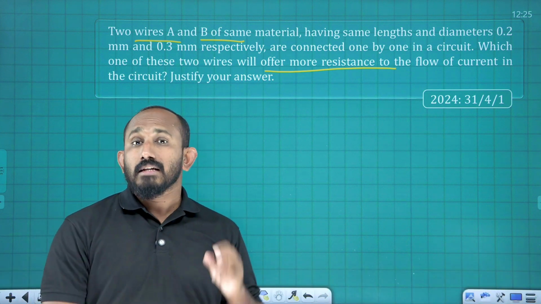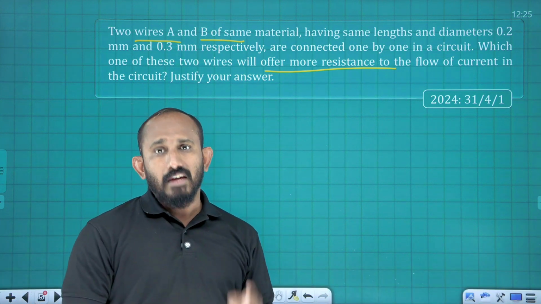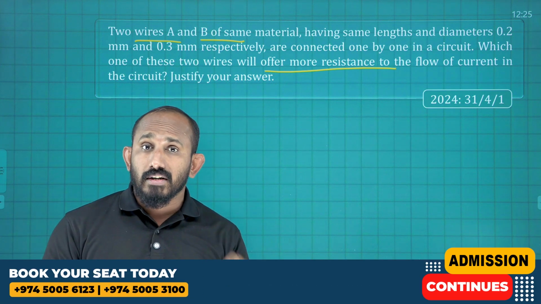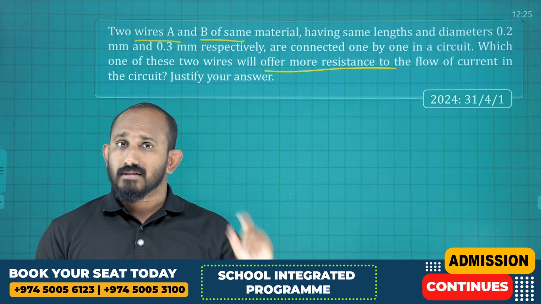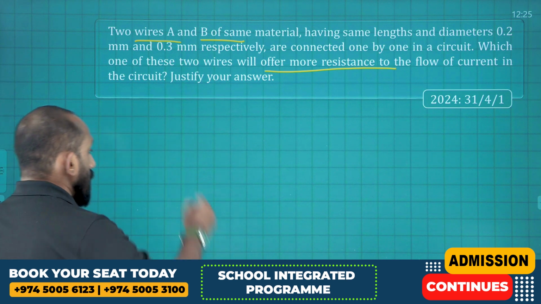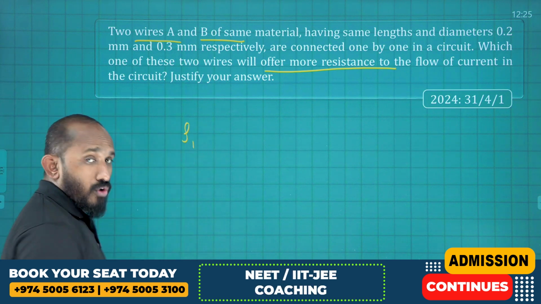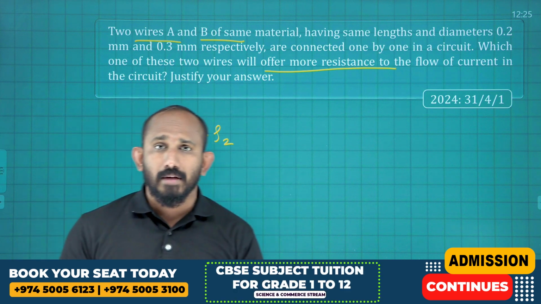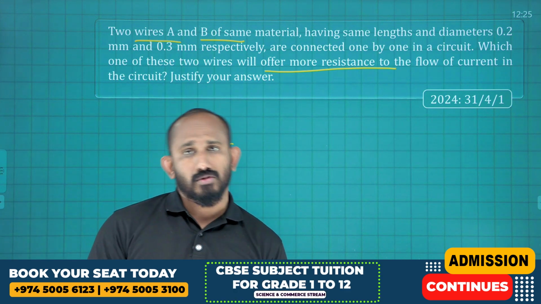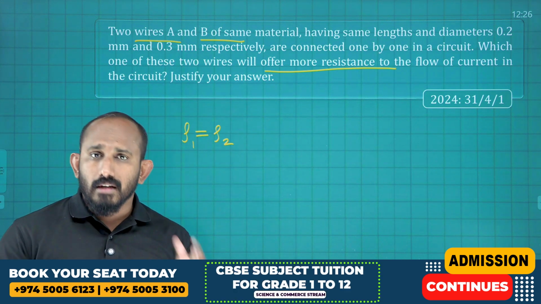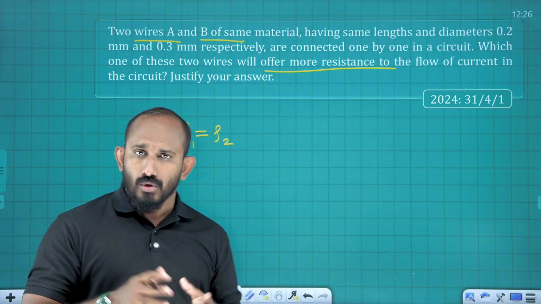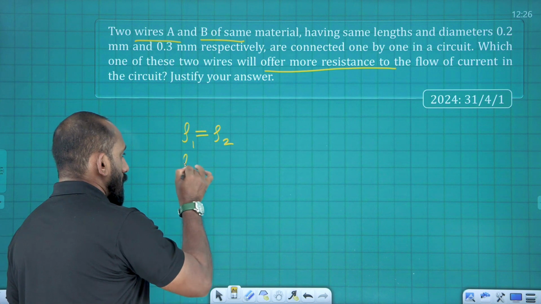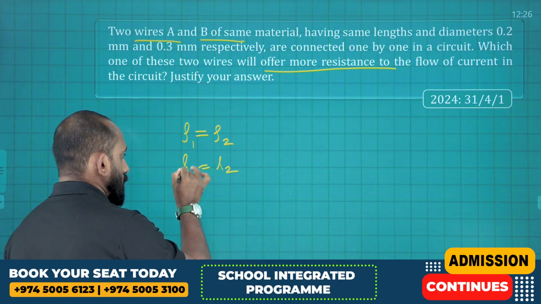In the question it is given they have the same material. If two wires are of the same material, then definitely their resistivity will be the same. So, we can say the resistivity of the first wire, rho 1, will be equal to rho 2, because resistivity depends only on the material and temperature. Having the same length, so length also same, L1 is equal to L2.